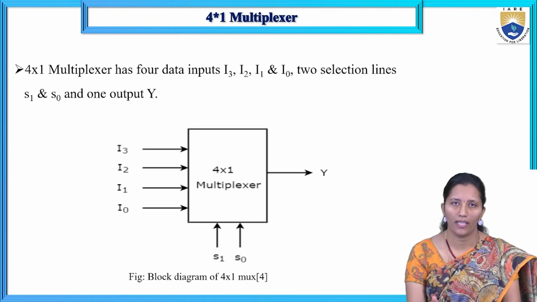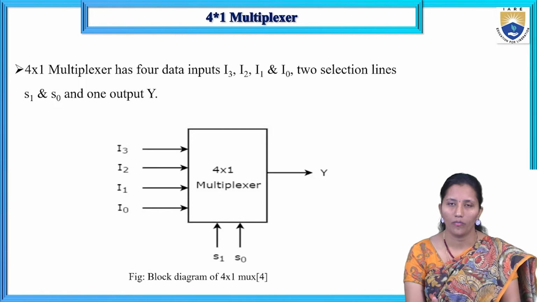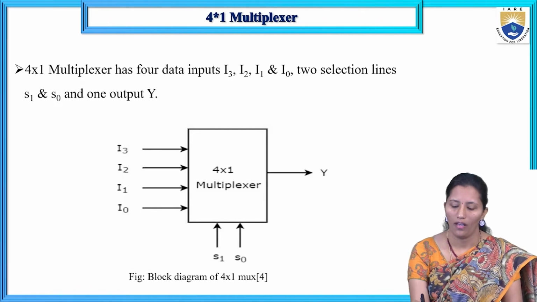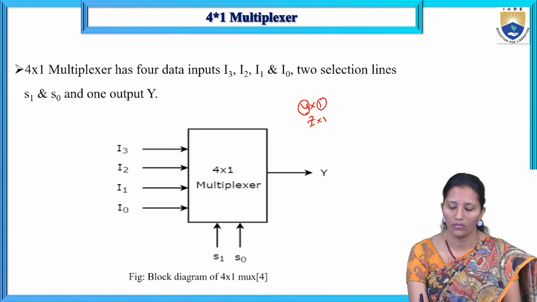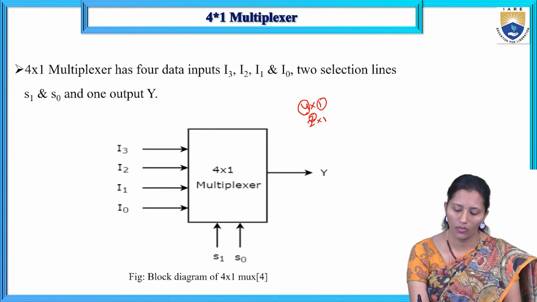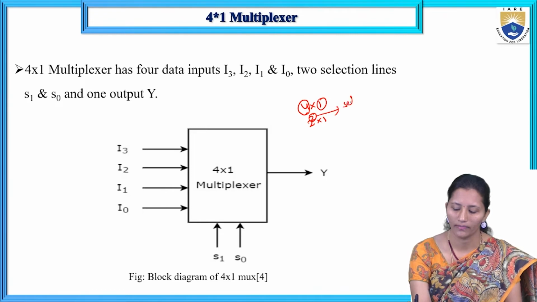So, 4x1 multiplexer. How to design a 4x1 multiplexer? We know a 4x1 multiplexer has 4 inputs, 1 output. So we can write 4x1 in terms of powers of 2, 2 power n by 1. This n indicates the selection lines.